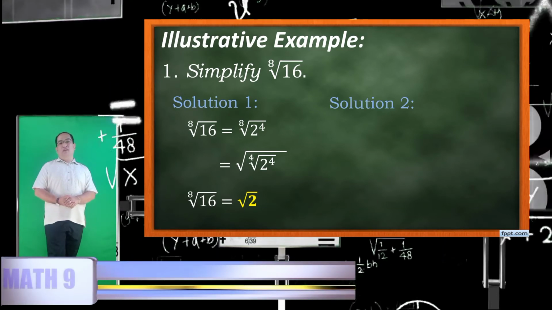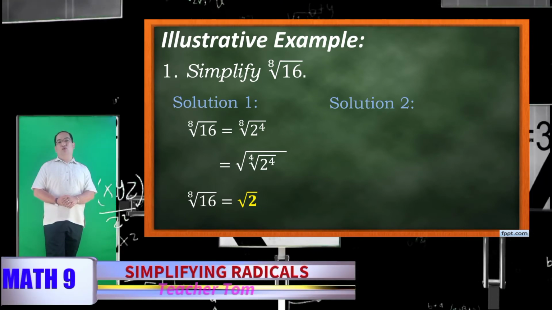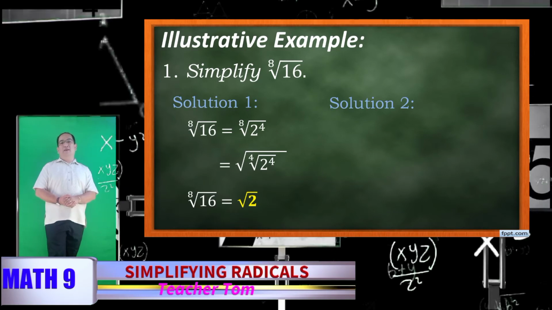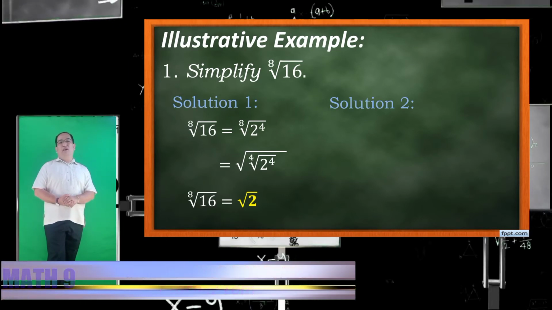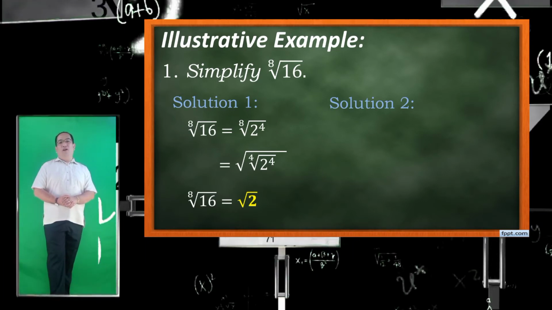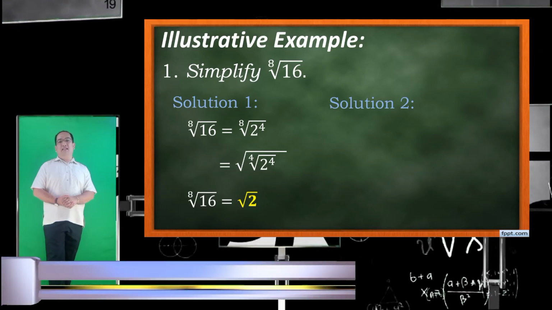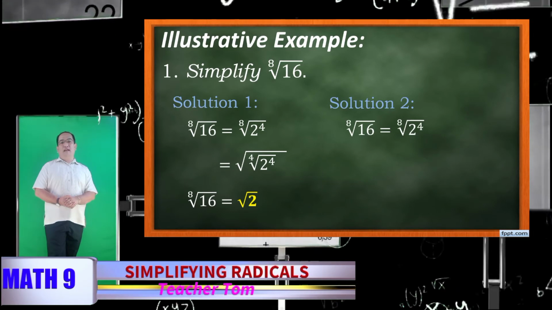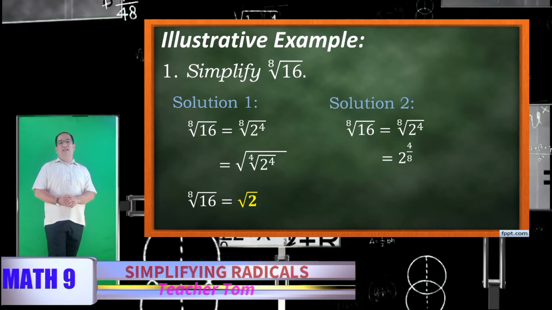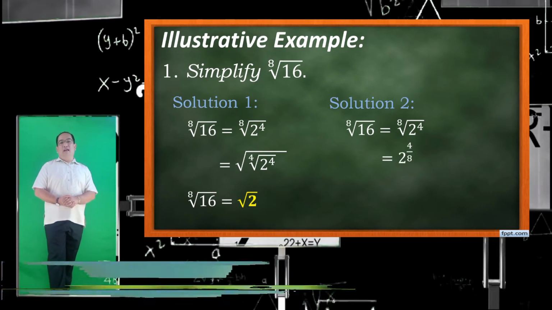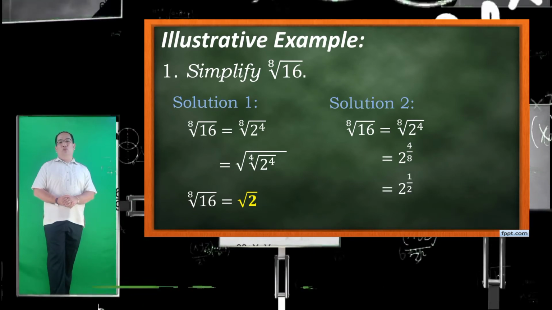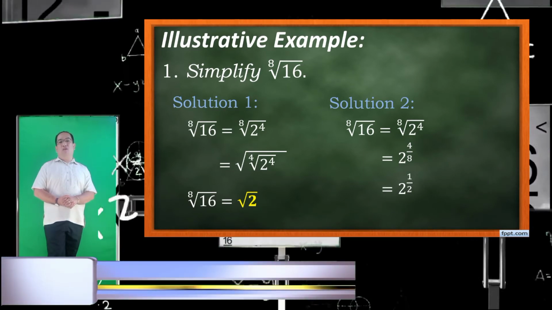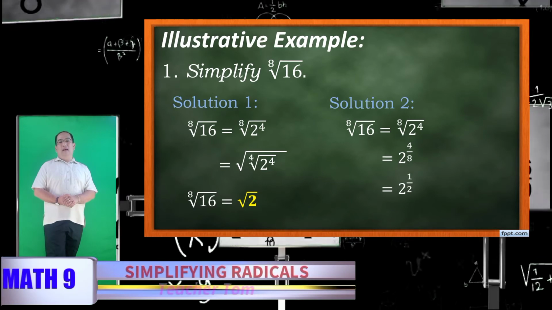Another way of simplifying this is in solution 2. So we can express this into exponential form. So we have 8th root of 16 is equal to 8th root of 2 raised to 4, which can be expressed in exponential form, wherein it is equivalent to 2 raised to 4 over 8.